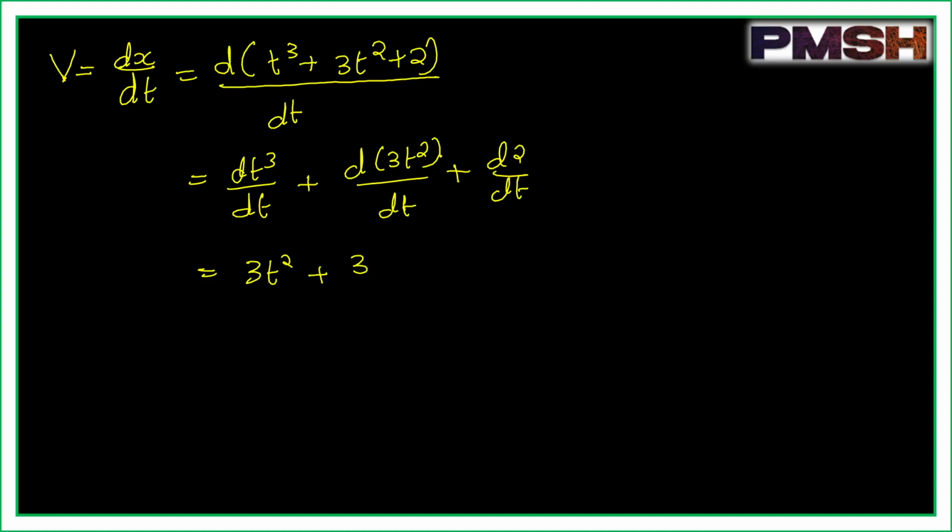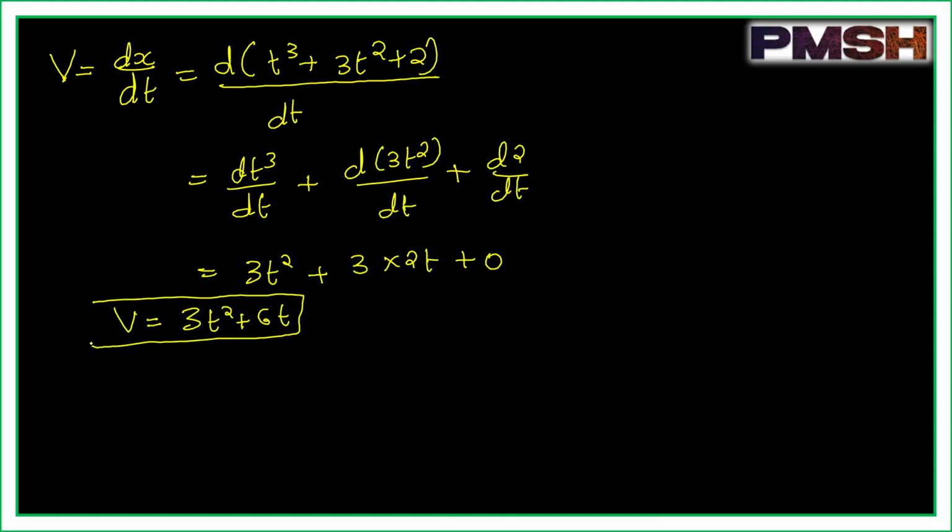The remaining will be the derivative of t^2, which is 2t. Plus the derivative of 2. 2 is a constant. What is the derivative of a constant? 0. This is all we have discussed in the previous lectures. So what is the expression for velocity? The expression for velocity is 3t^2 + 6t.